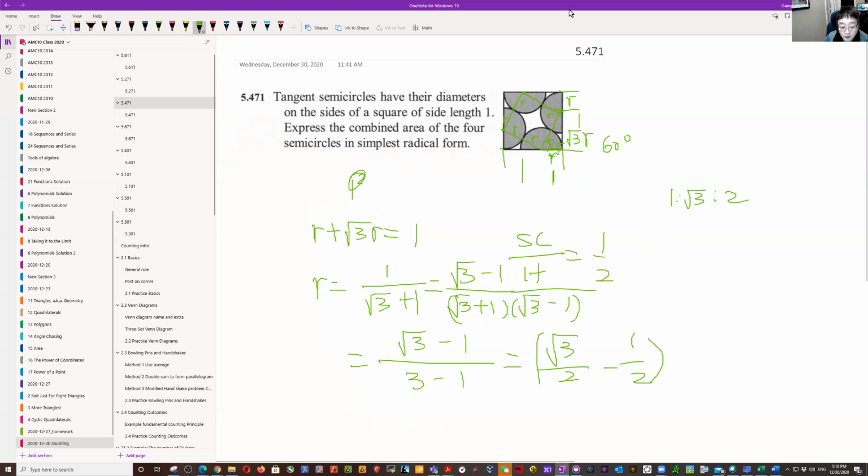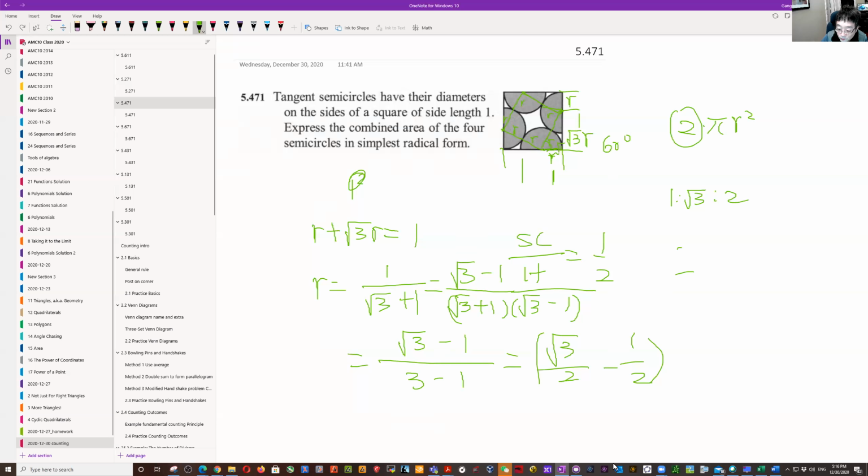We have 4 semicircles, and the area of the combined shaded area is going to be 2 multiply pi r squared. Two is because combining 2 semicircles gives 2 full circles. And then for r squared, we just have to square this.